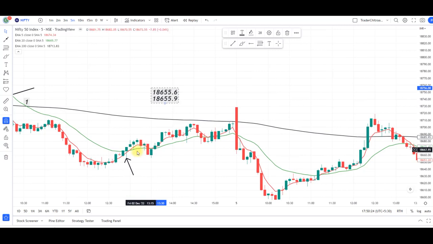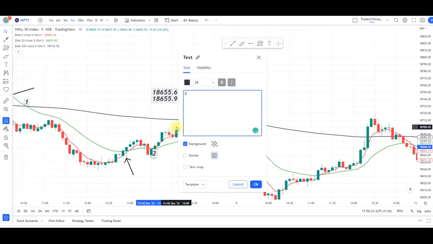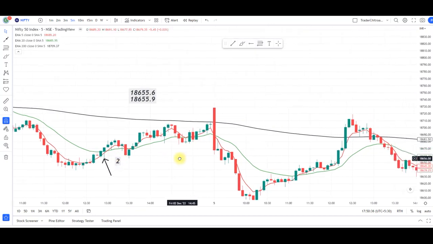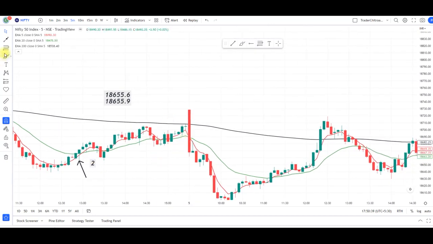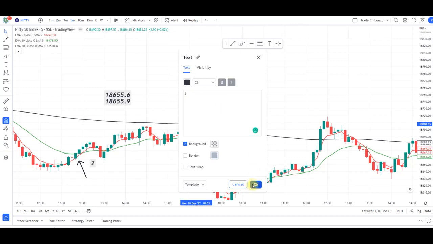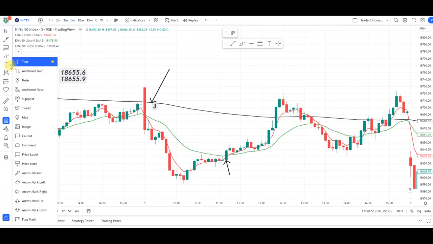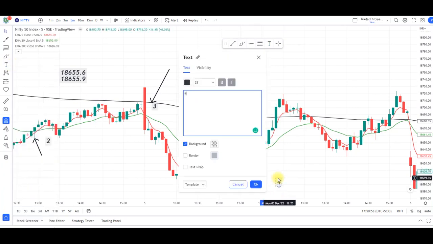So here we got the long entry, but our stop loss didn't get hit. So this is trade number 2. And when we see here, this is trade number 3. Here one more long entry we got. This is trade number 4.